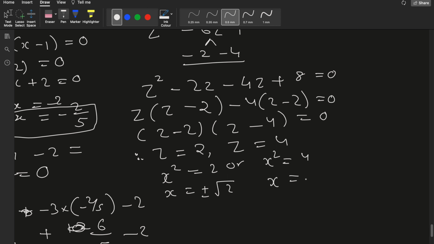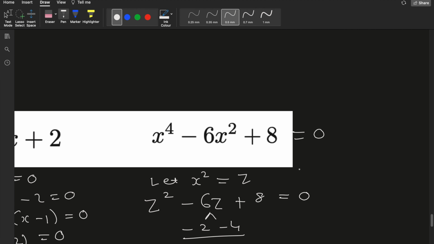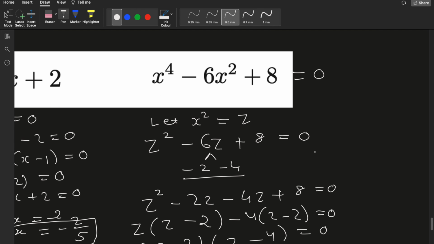That means x equals plus or minus square root of 2, and x equals plus or minus square root of 4, which is 2. So the roots are root 2, minus root 2, 2, and minus 2. These are our roots to our equation x to the power of 4 minus 6x squared plus 8 equals 0.